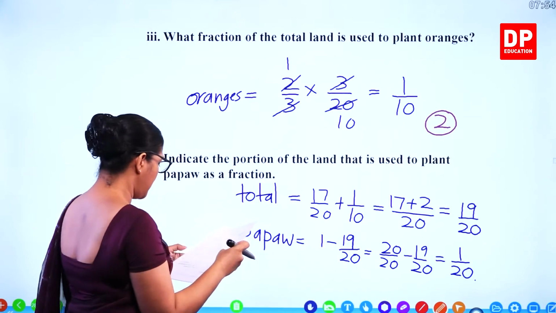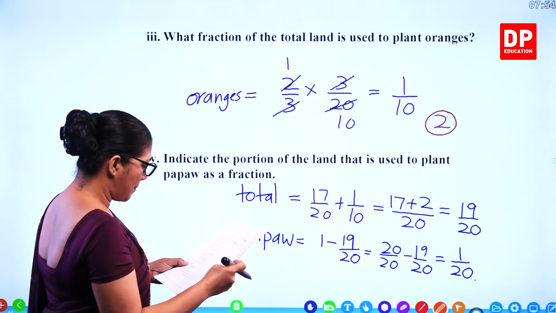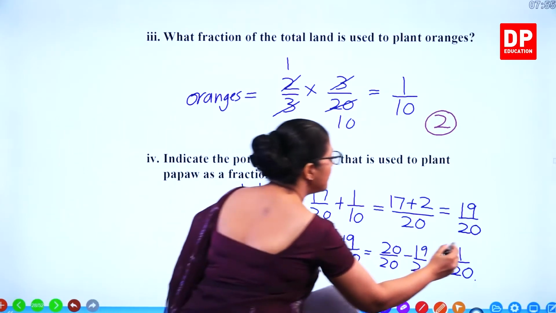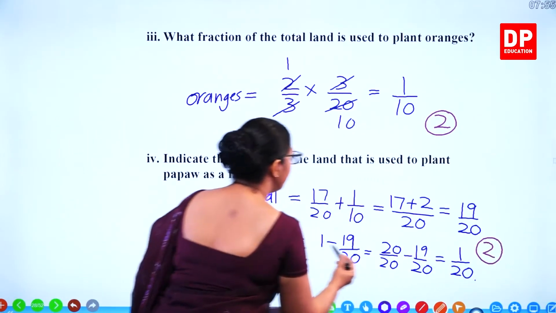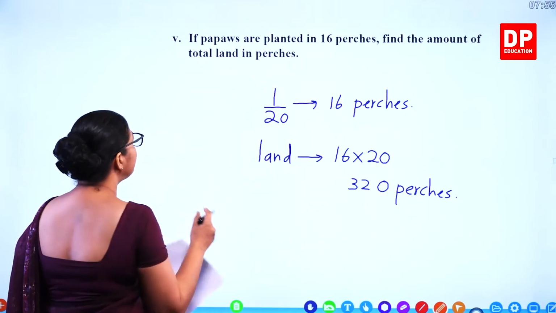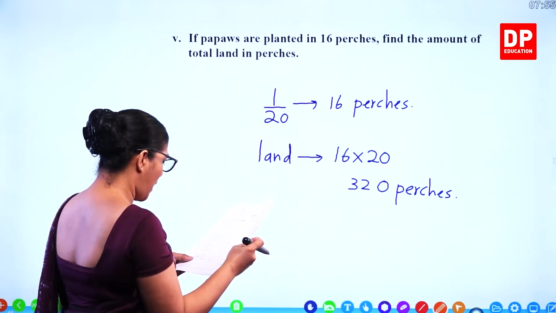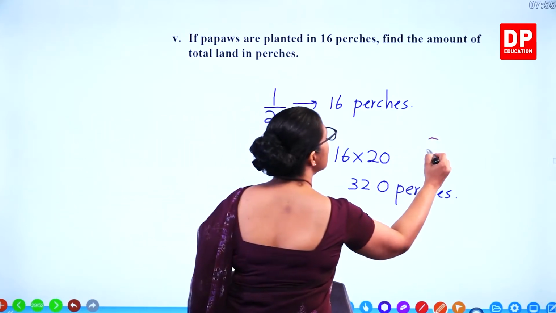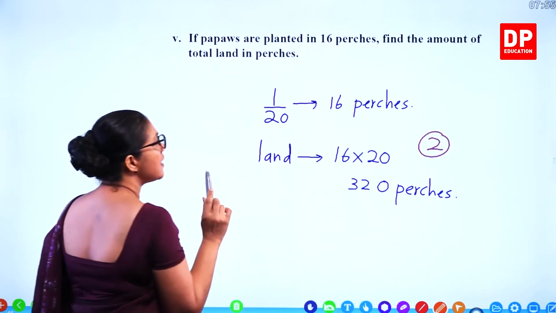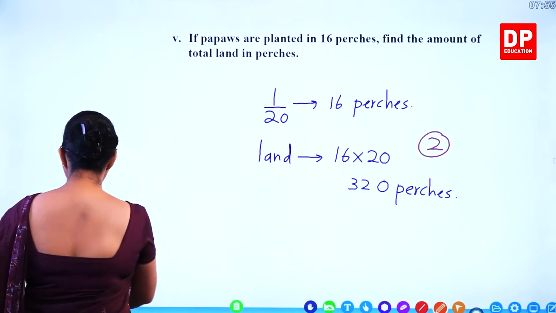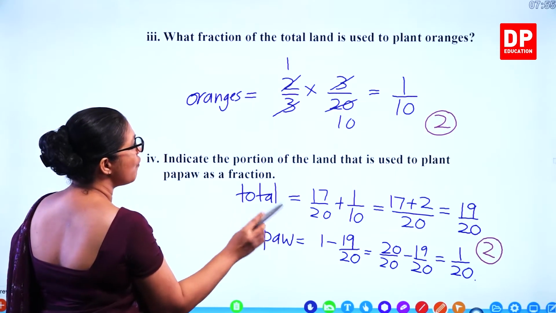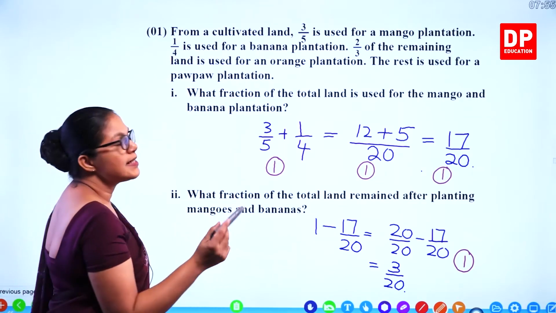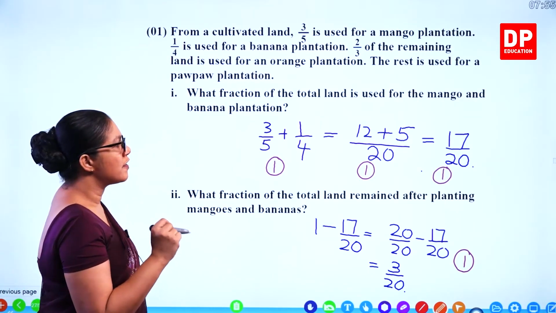And fourth part, you get 2 marks for 1 over 20. And the last one, fifth part, 320 perches, that's 2 marks. So all together, 10 marks for the first question.